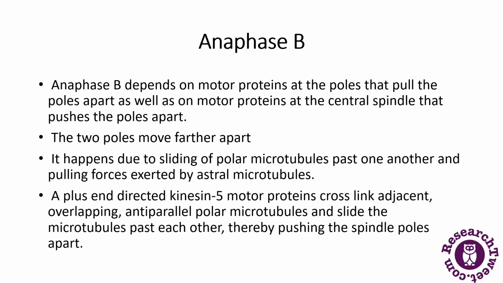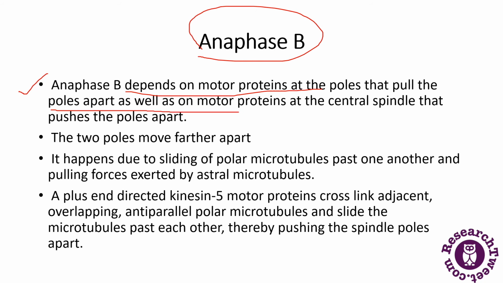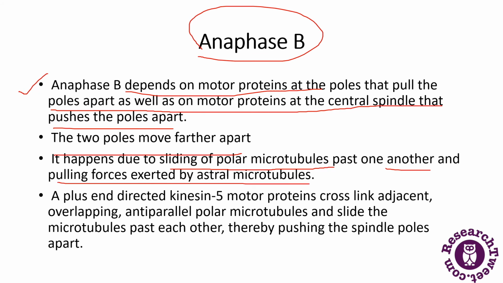Then what is happening in anaphase B? Anaphase B depends on motor proteins at the poles that pull the poles apart, as well as on motor proteins at the central spindle that push the poles apart. The two poles move further apart due to the sliding of polar microtubules past one another and pulling forces exerted by the astral microtubules.